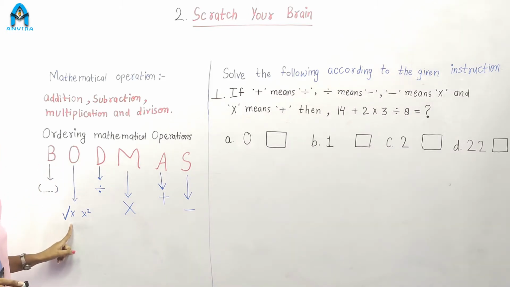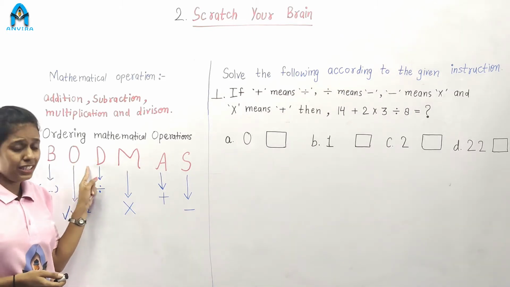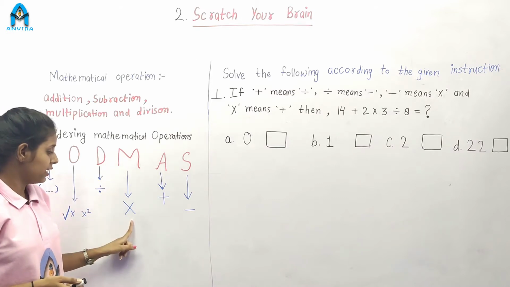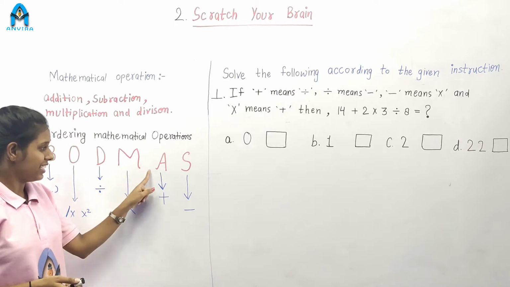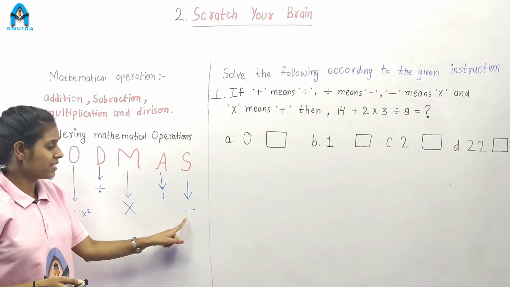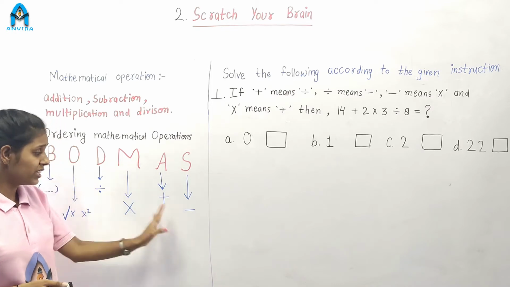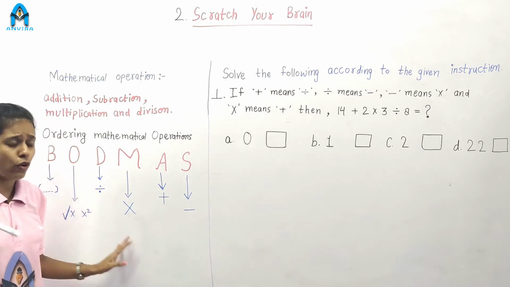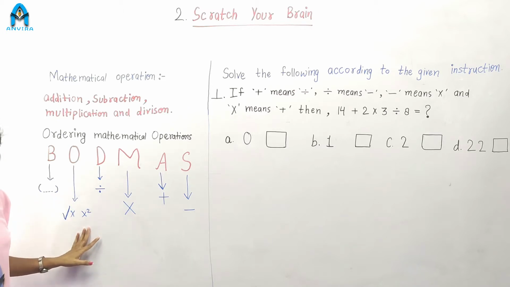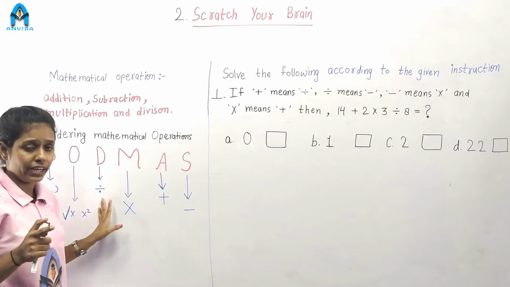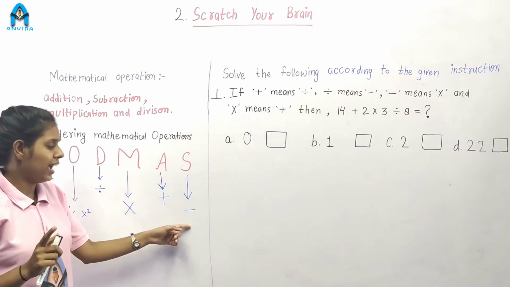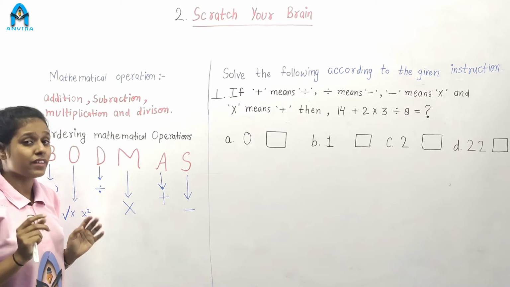O, square roots. D, divide. M, multiplication. A, addition. S, subtraction. So this is an order. First of all, we solve the brackets, then square roots, then divide, multiplication, then addition and then subtraction.